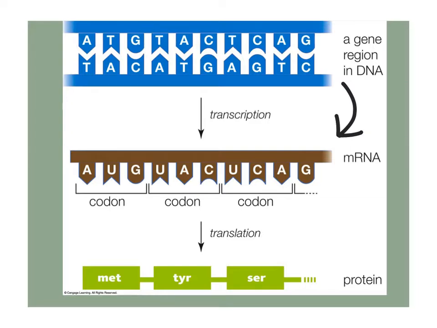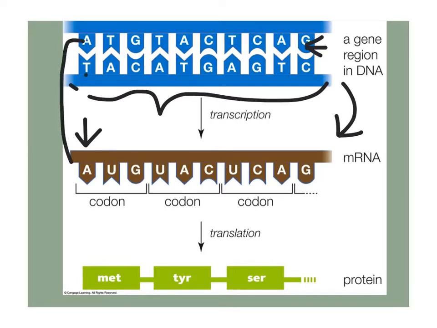What's happening here is when this DNA opens up in the nucleus of the cell, and this we're going to call one gene, one certain area of this DNA. These would be down here in brown, the various nucleic acids of RNA that would attach.